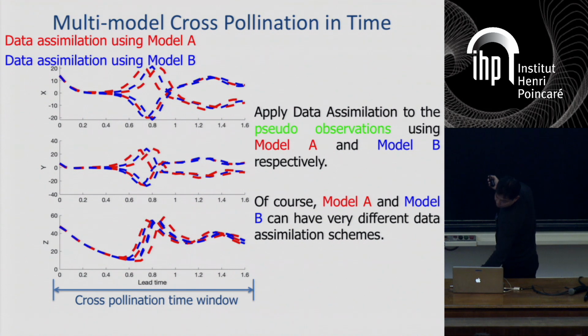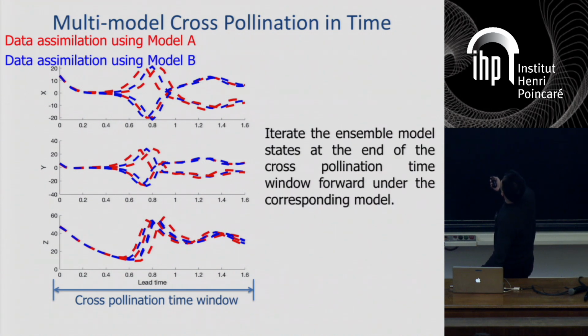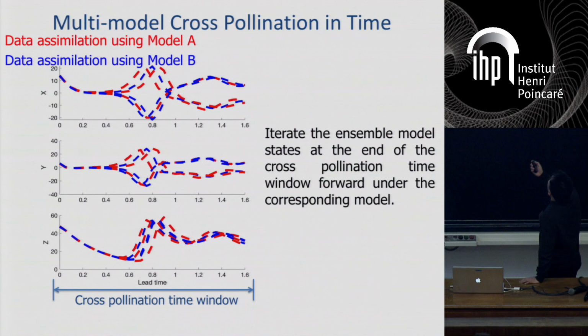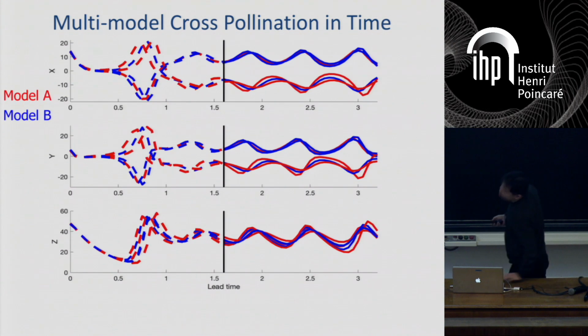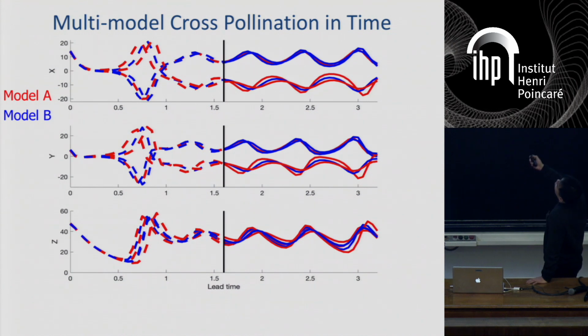Once we have this data simulation result, we can take the ensemble model state at the end of the cross-pollination time, which is here, and run them forward using their own models, because the data simulation result will be able to initialize each individual model respectively. So we initialize model A using its data simulation result and run it forward.